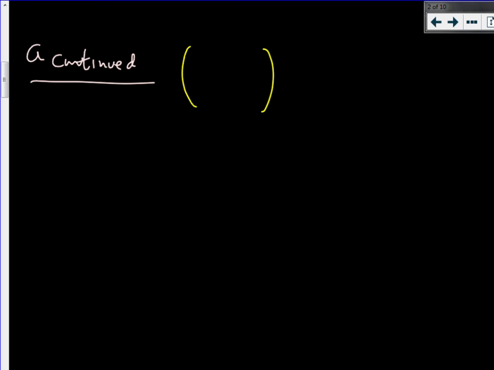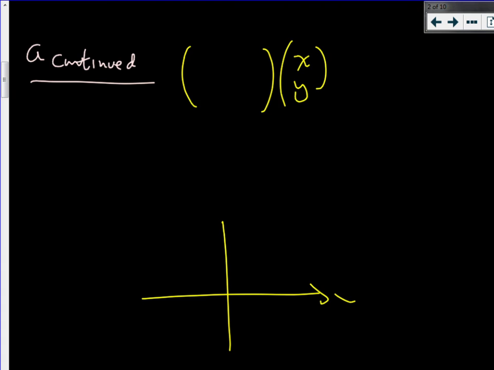So we have the point x, y, and here's the x-axis. Maybe that point is right there. It could have been over here. But when we reflect across the x-axis, the x value doesn't change, but the y value does change. Instead of the y value being up there, it's now down here. It's x, negative y.